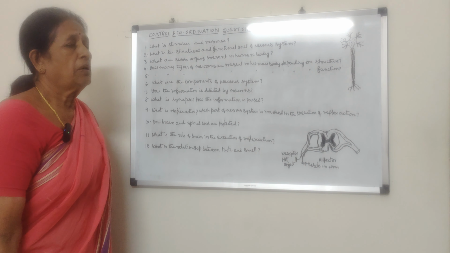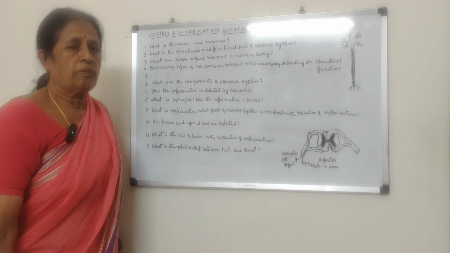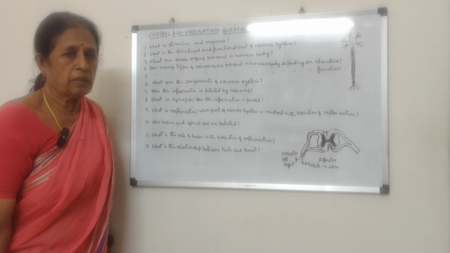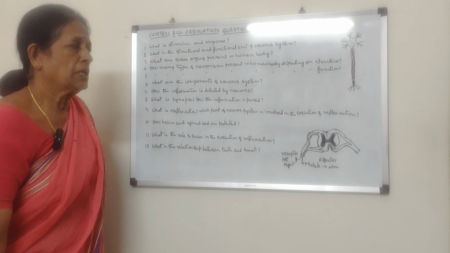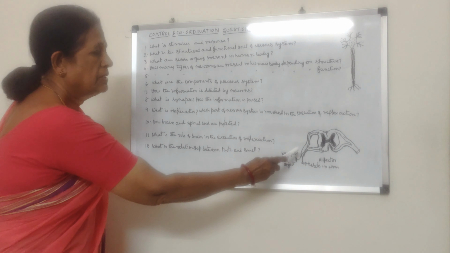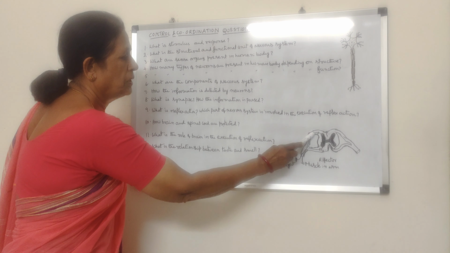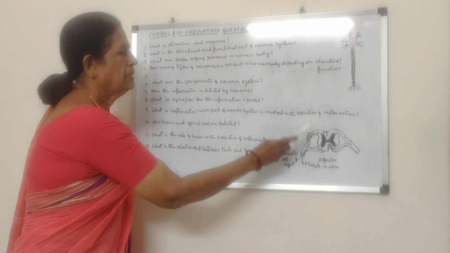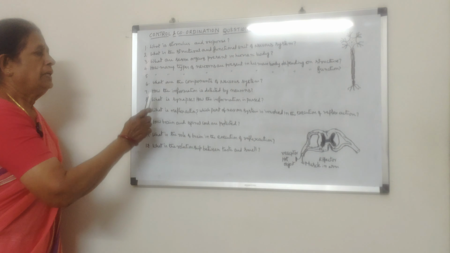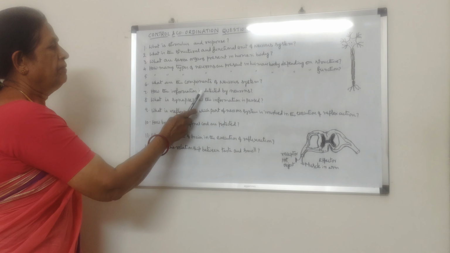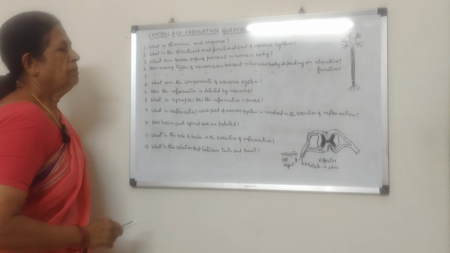We have to know that all the spinal neurons, the neurons which arise from the spinal cord, are mixed neurons. That means they contain both sensory nerve fiber and motor nerve fiber.